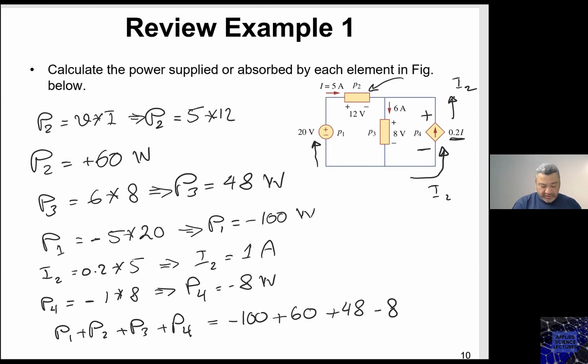And as you can see, it sums to zero. So you'll always get the power supplied to be equal to the power absorbed in any circuit. And this is based on the conservation of energy. Any questions so far?